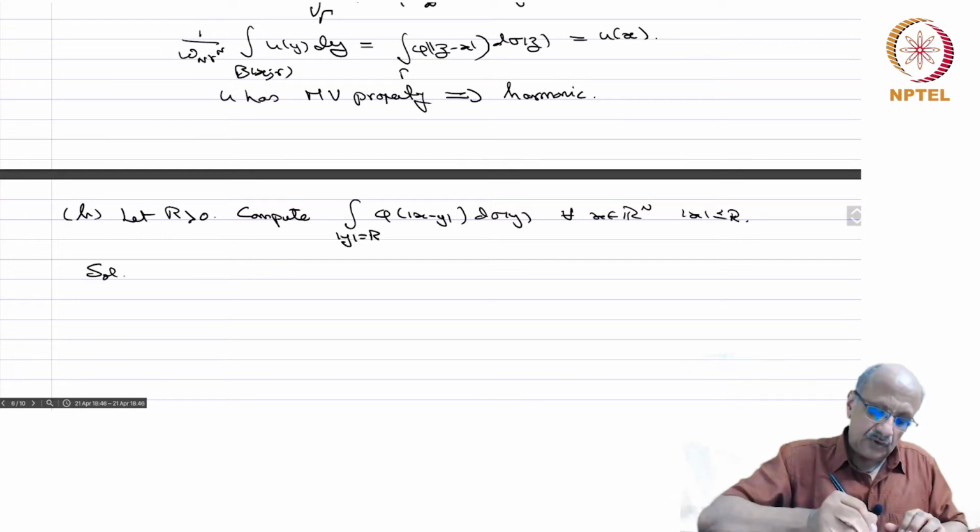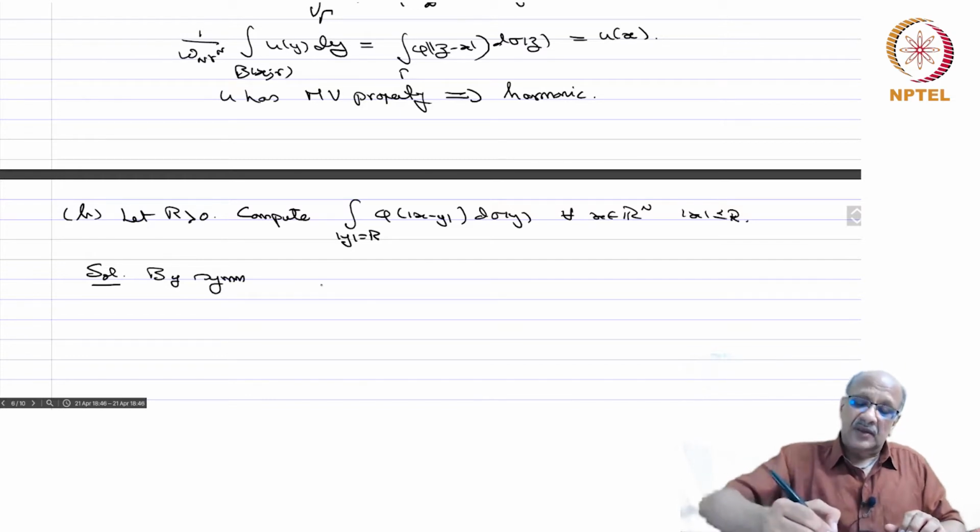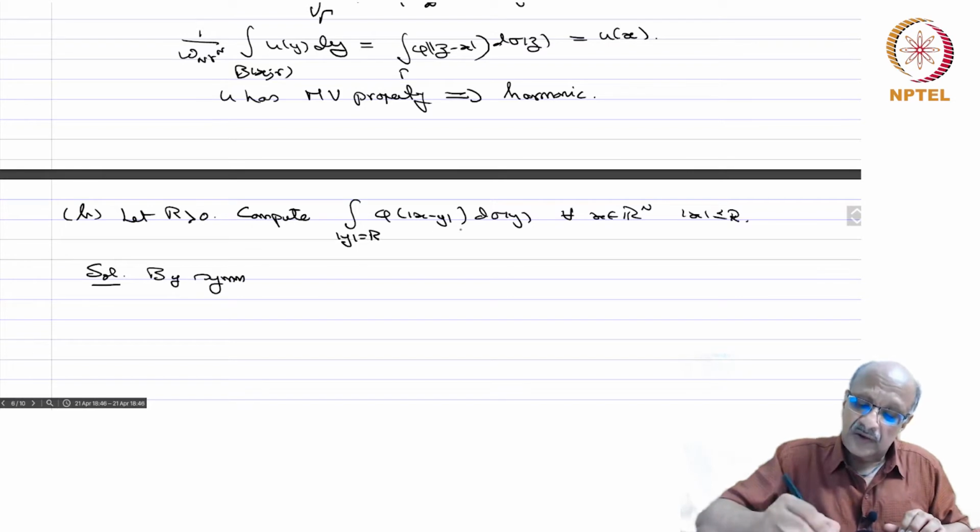Solution. By symmetry, we are on the ball of radius r centered at the origin. This function is a radial function and it is symmetric wherever you are.